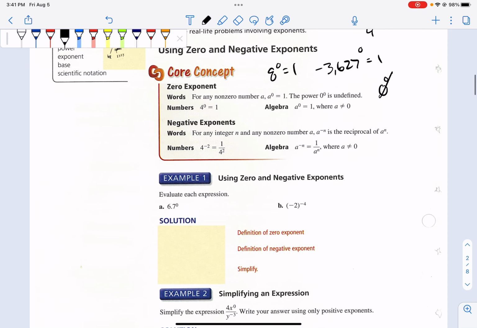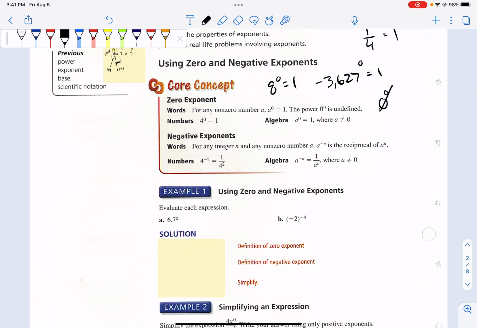Okay, negative exponents. Let's read you what the book says because we're practicing using the book, right? For any integer n and any non-zero number a, a raised to the -n is the reciprocal of a to the n. Ooh, reciprocal. Anybody remember what reciprocal means? That means you flip it upside down.